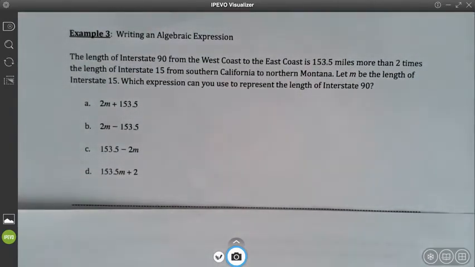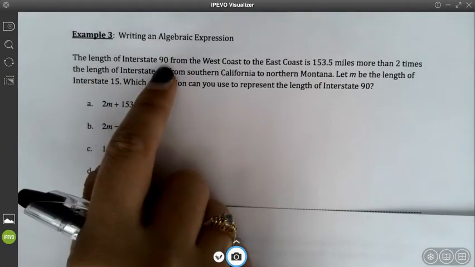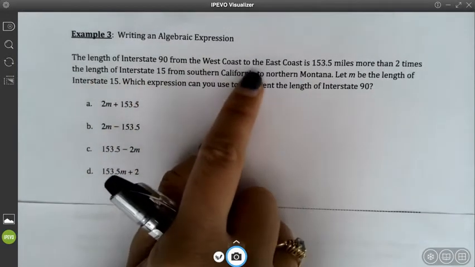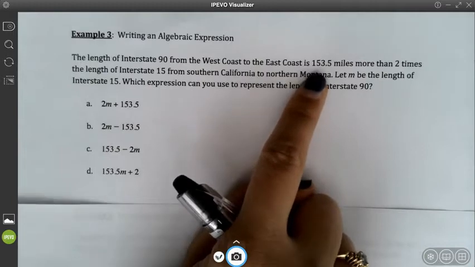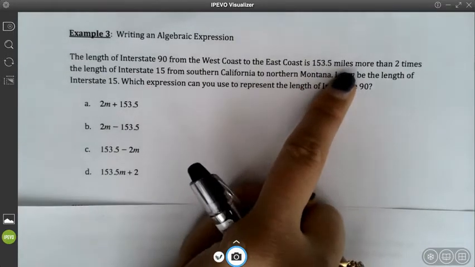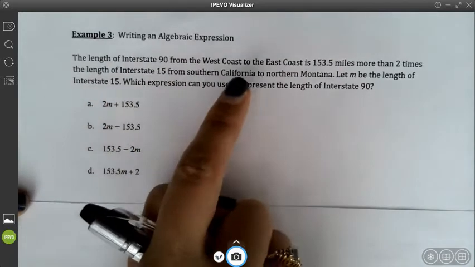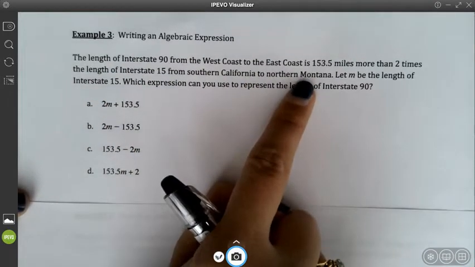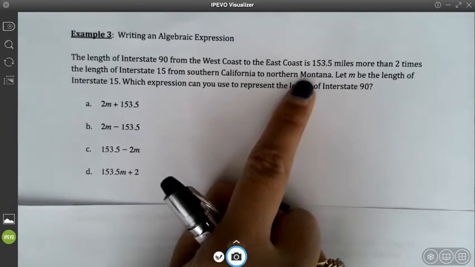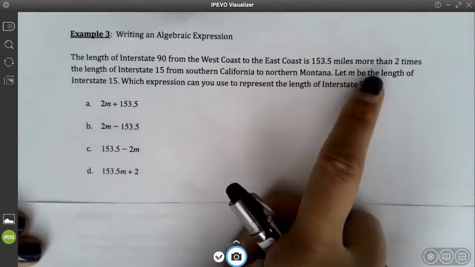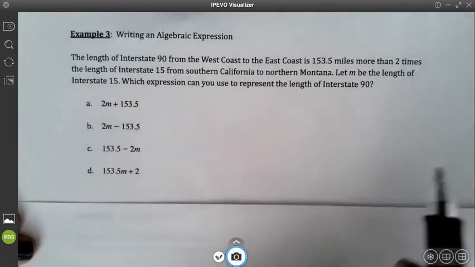Okay, example 3. The length of Interstate 90 from the west coast to the east coast is 153.5 miles more than 2 times the length of Interstate 15 from Southern California to northern Montana. That's a whole lot of words. Let's break it apart. Let M be the length of Interstate 15.